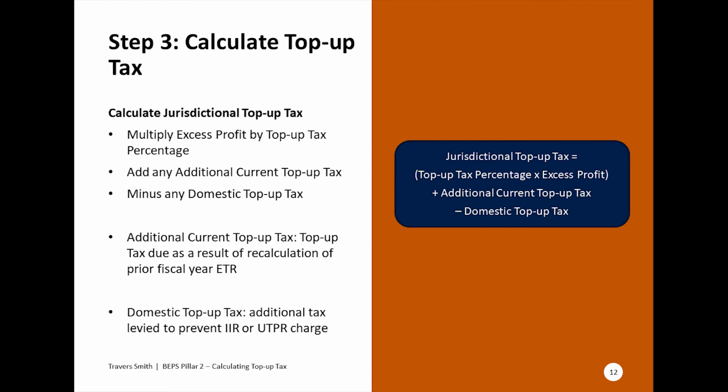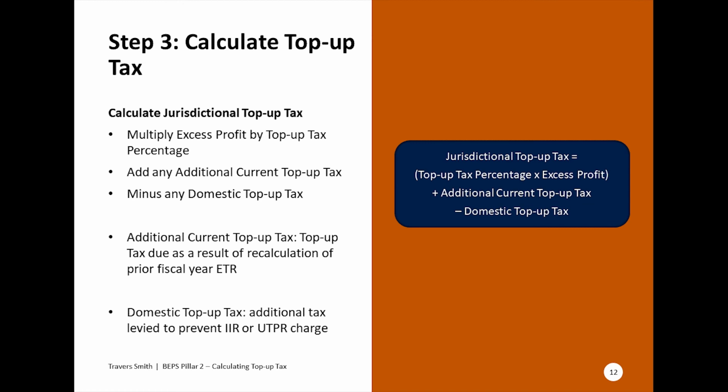Domestic top-up tax has to be charged under a qualified domestic top-up tax to be deducted under the GloBE rules. And what this is, is a tax that applies to excess profits of domestic constituent entities and increases the domestic tax liability on those profits to the 15% minimum rate. It must be administered in line with intended GloBE outcomes, and it must not involve the grant of any collateral benefits, for example tax incentives, grants and so on, to effective taxpayers.